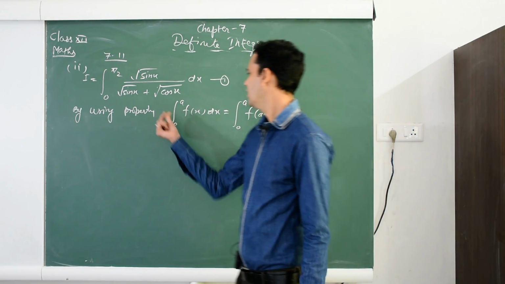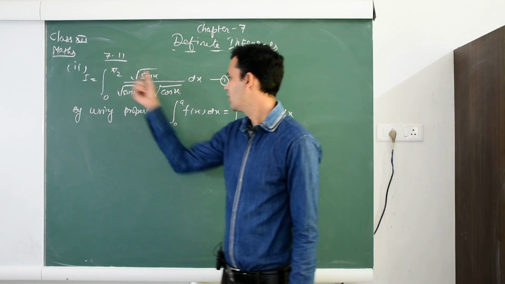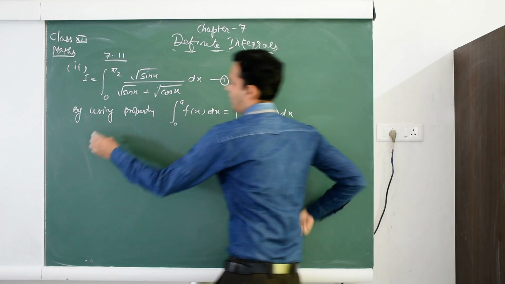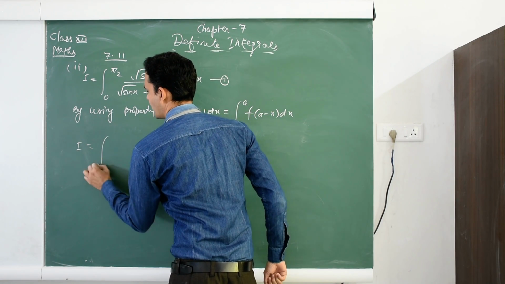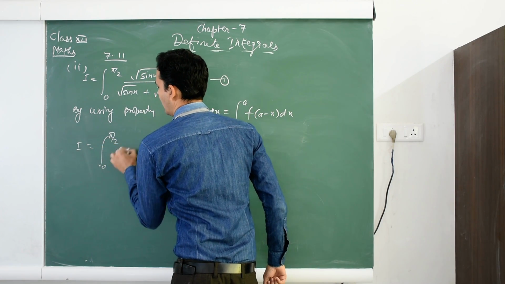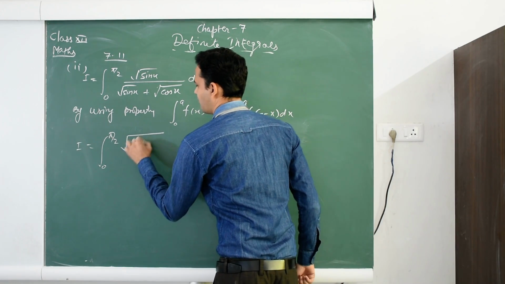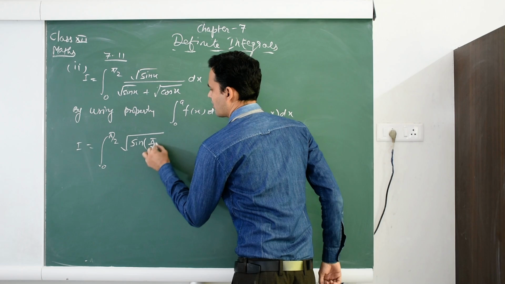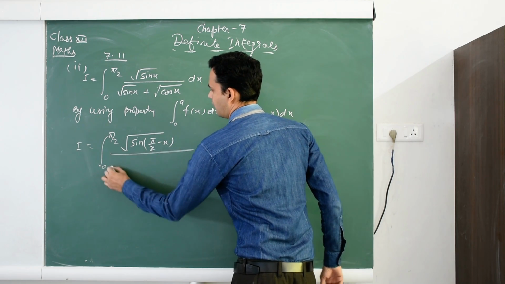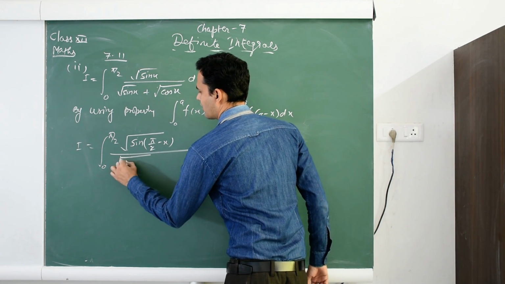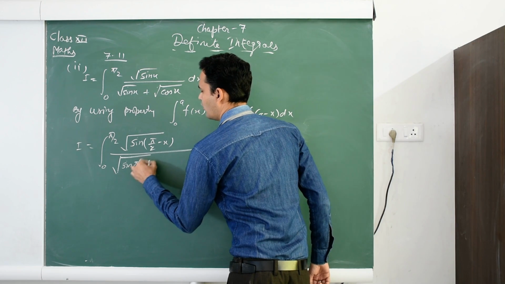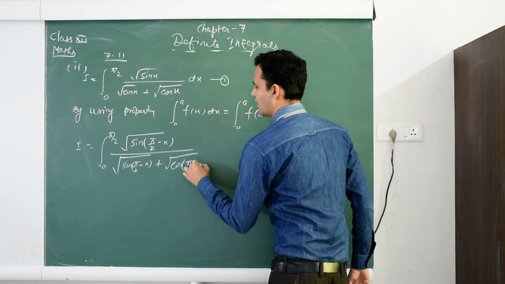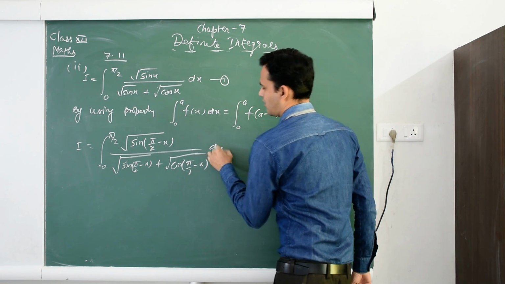So in this question we have 0 to pi by 2, it means value of a is pi by 2. So we write this function in the form 0 to pi by 2 root sin a minus x, it means pi by 2 minus x, upon root sin pi by 2 minus x plus root cos pi by 2 minus x dx.